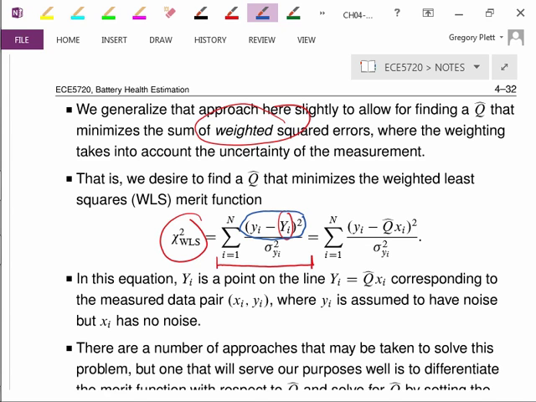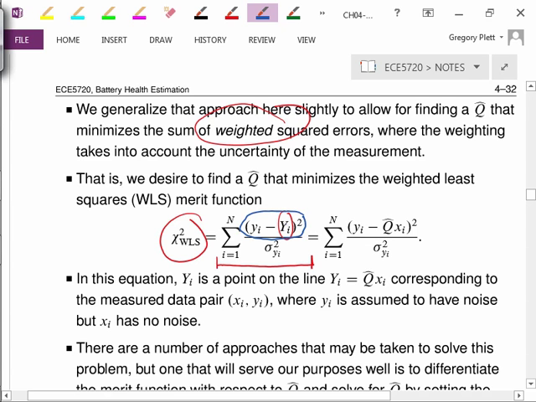And squaring also treats big errors with more emphasis and small errors with less emphasis, which is appealing. And it also ends up with a solution that's mathematically computable, and that's probably the biggest reason why we do this. So it makes sense and it's computable, so all that is good.